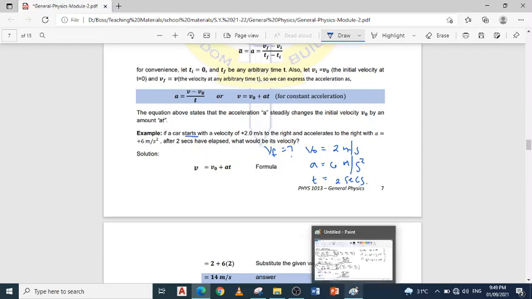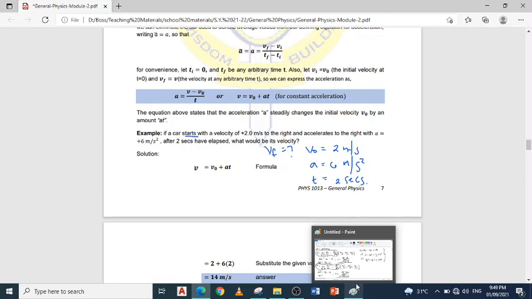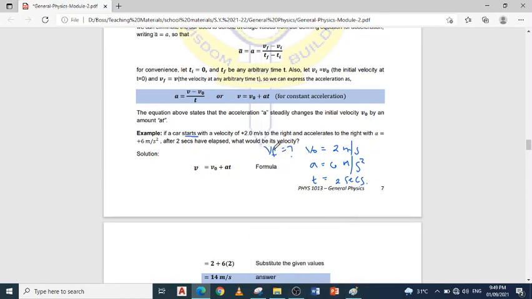Kapag ito kasi yung gamit natin, since direkta na yung tinanong na velocity, wala na panumpik-tumpik. Ito na yung gagamitin natin kasi Vf, di ba? Ito yung tinatanong, which is the unknown. Vo, given, yes.